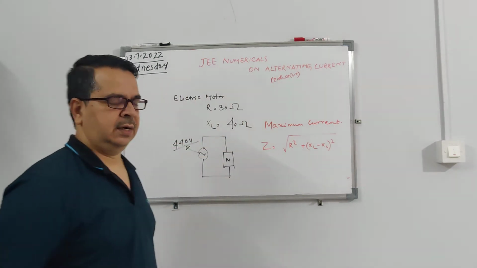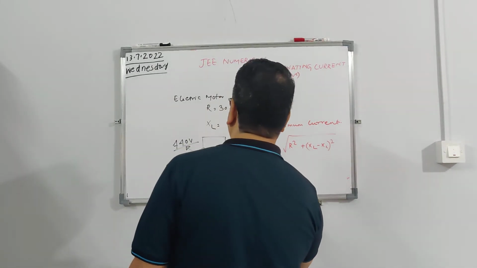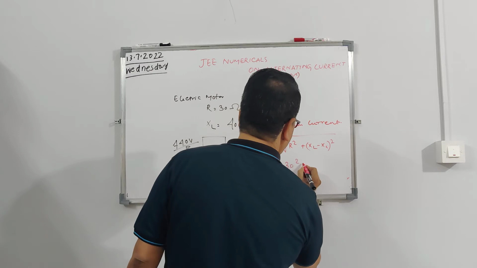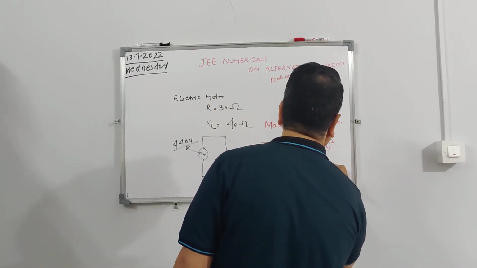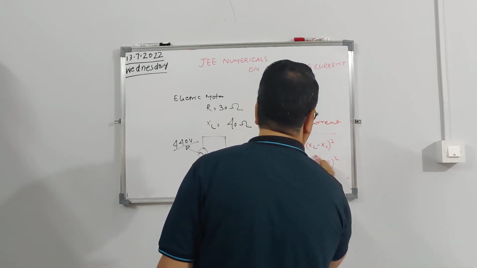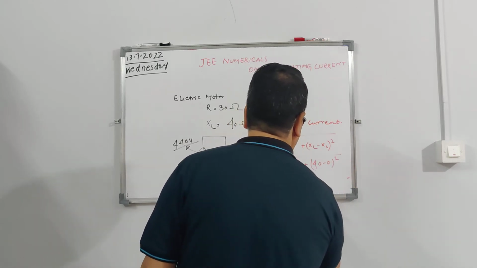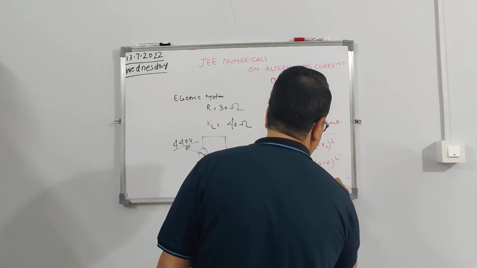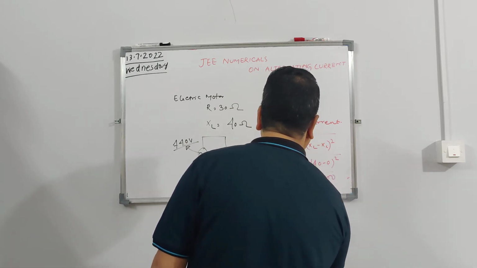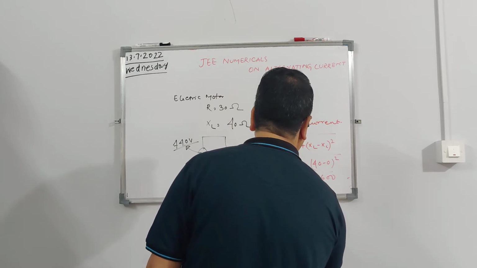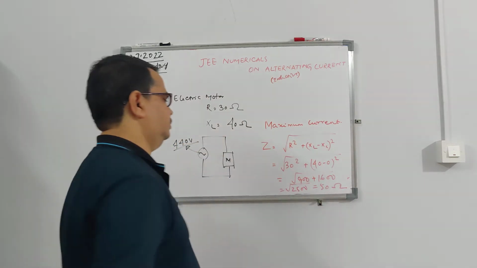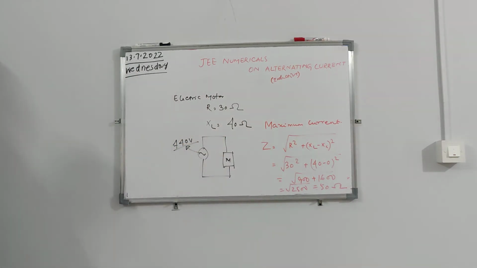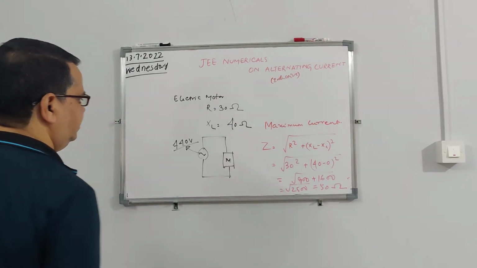R is 30 square plus XL is 40 square, XC is 0. So this is 900 plus 1600, square root of 2500, which is 50 ohm. This is your net resistance Z.